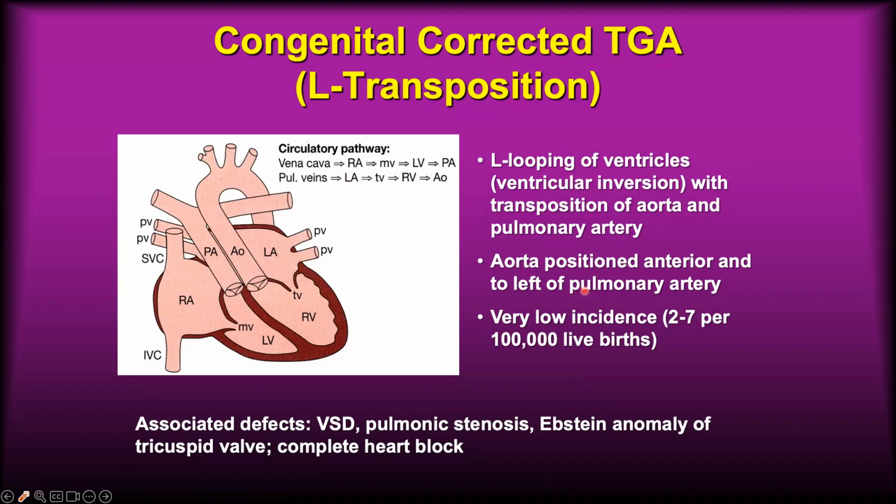So this is the same thing. We saw that with the D-transposition, the aorta was anterior and to the left as well. Okay. So what's the problem here is we have switched the ventricles. Now we've still got deoxygenated blood coming in to the right side, okay, but it's the left ventricle over there because we switched the ventricles.